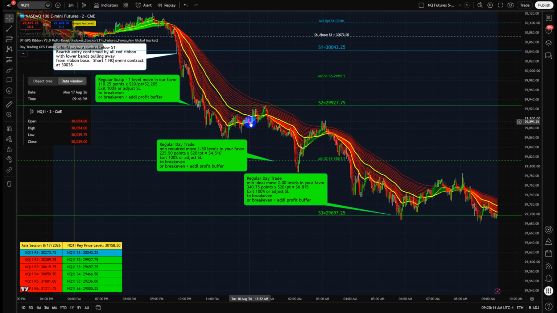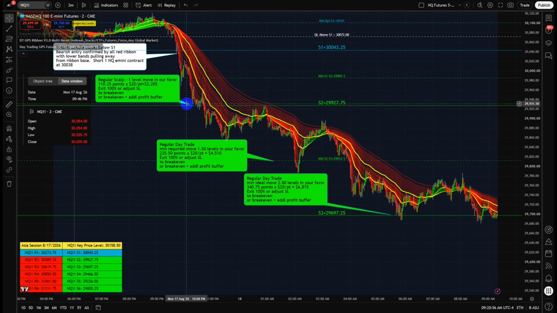Now keep in mind, whichever one of these you're starting at as far as making your initial adjustment. For example, if you're using the regular scalp 1-level move for your initial adjustment, and you're not exiting, then at each different key level move in your favor, if you're staying in the trade, you're either exiting 100% if you just did an adjustment and let's say you only had one contract, on any further key level moves.